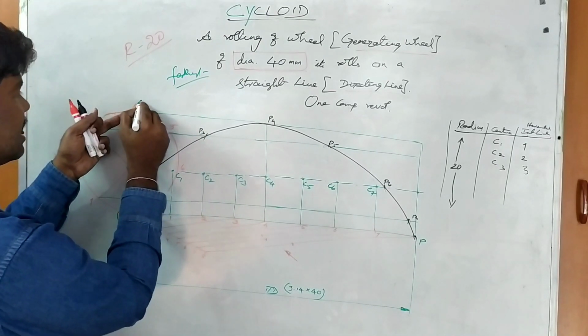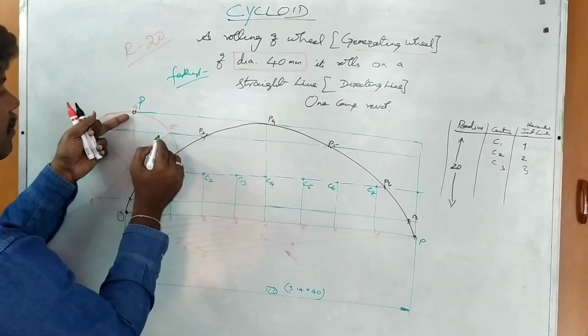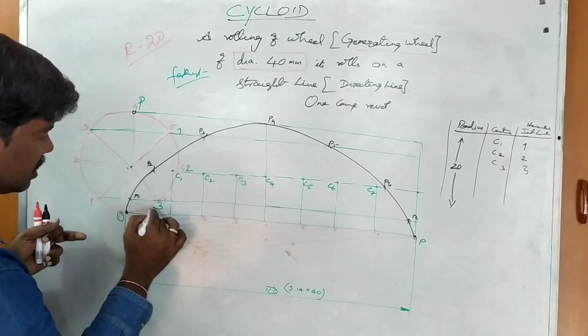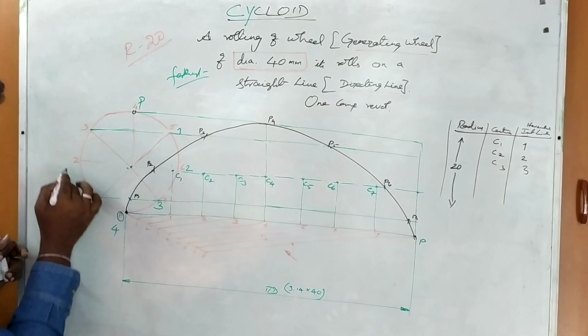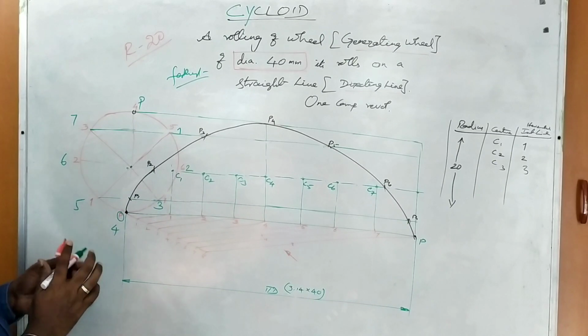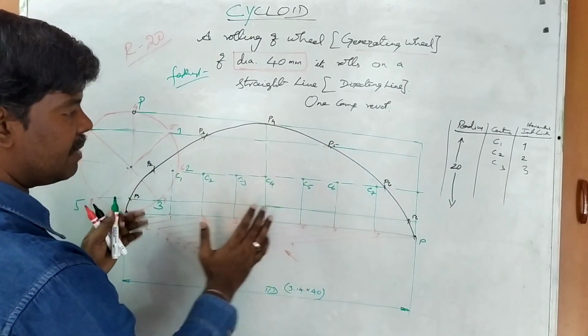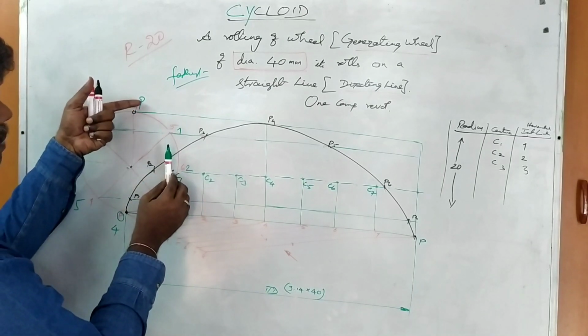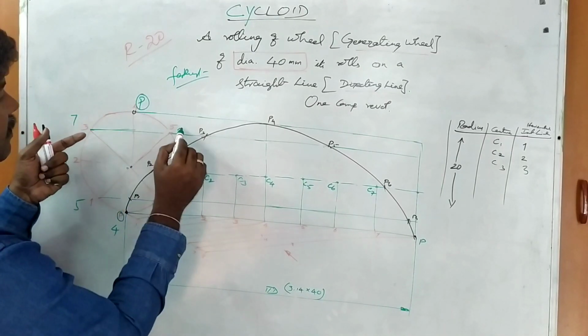So let us consider this as the starting point P. This is 1, this number is 2, this division 4, 5, 6, 7, 8, 9. Like that. The same procedure, the remaining everything is the same for the curve. C1 as the center, intersect an arc on that. This is point P, within that circle.